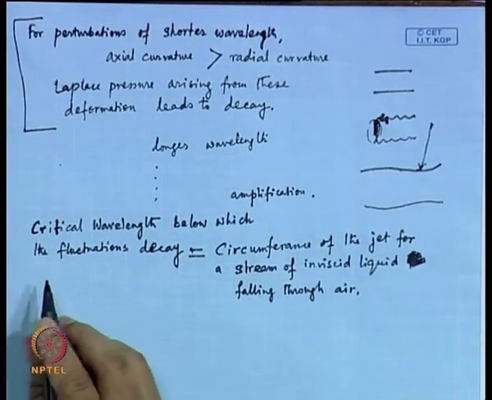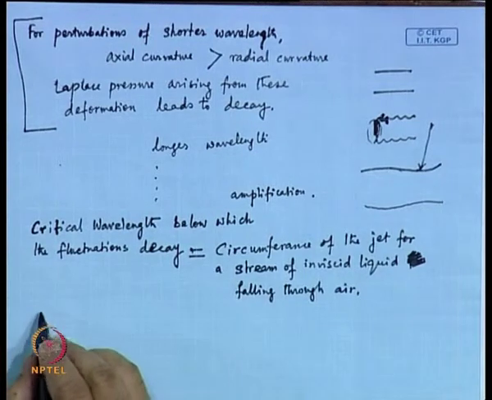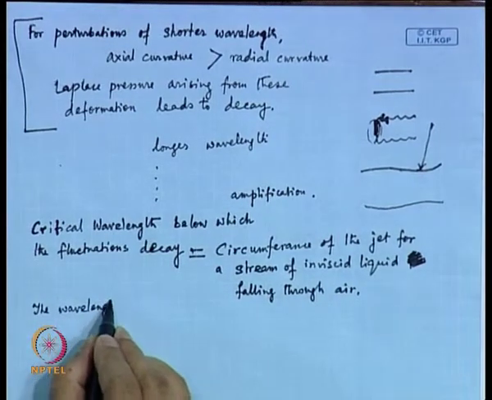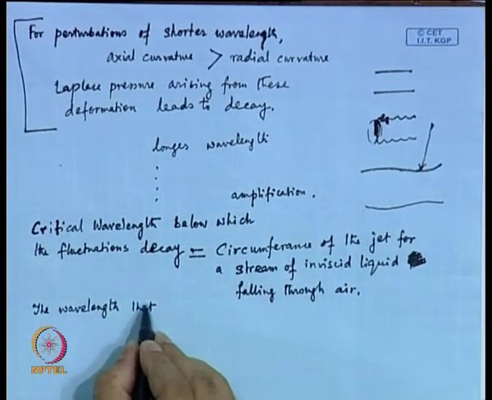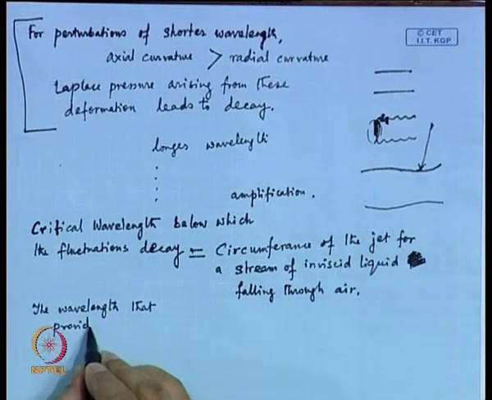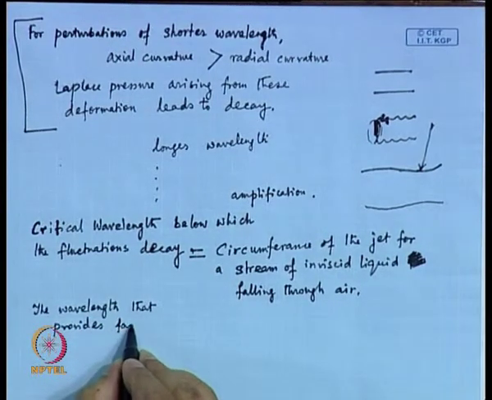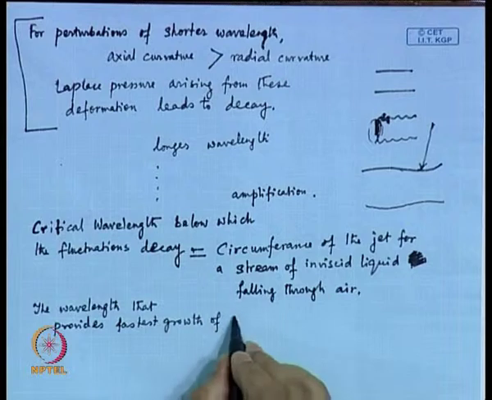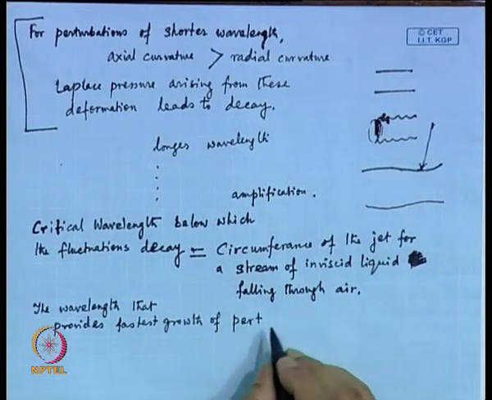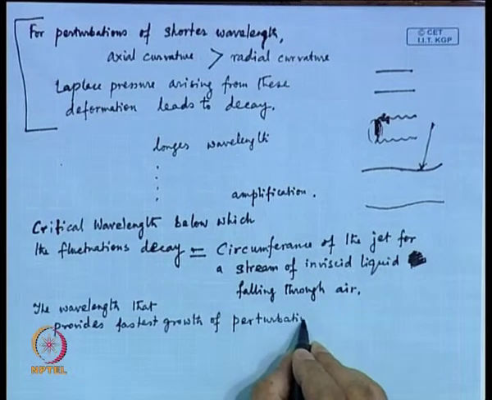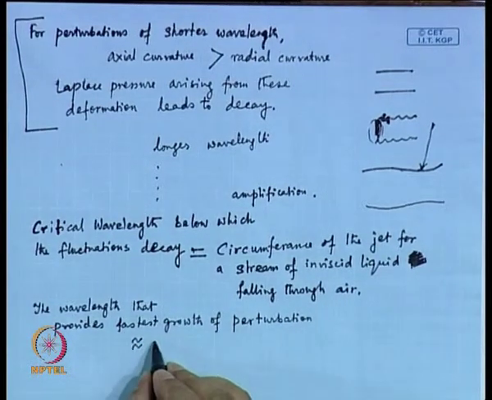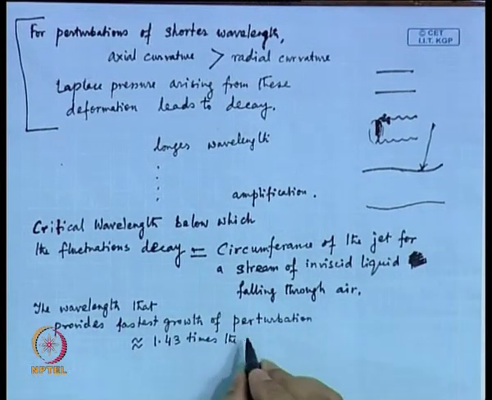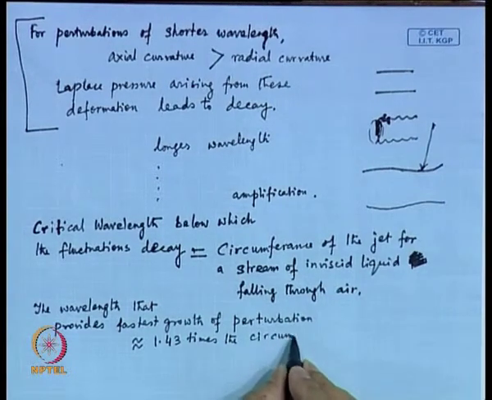Another aspect here that I must mention is that the wavelength that provides the fastest growth of perturbation has also been derived. It is almost equal to 1.43 times the circumference.